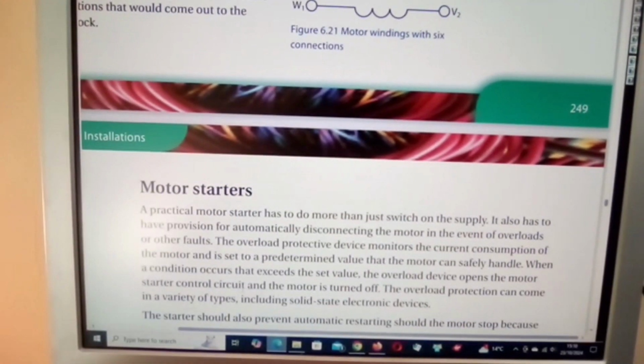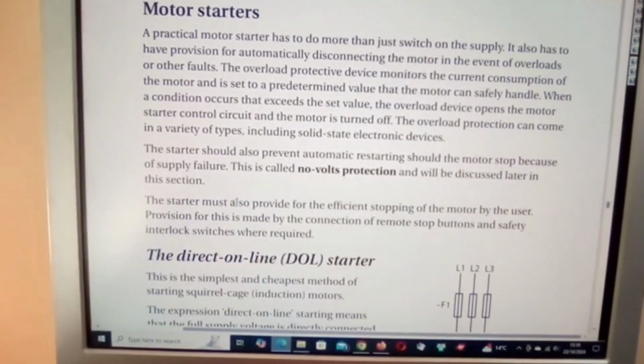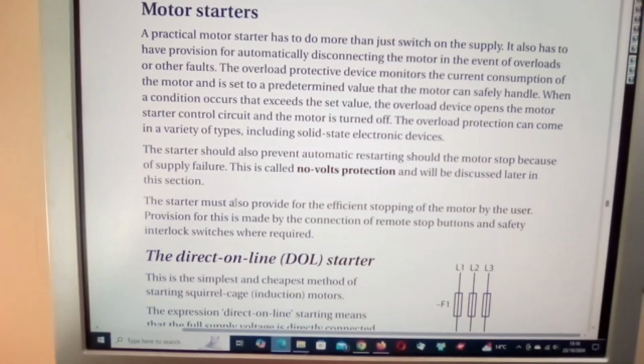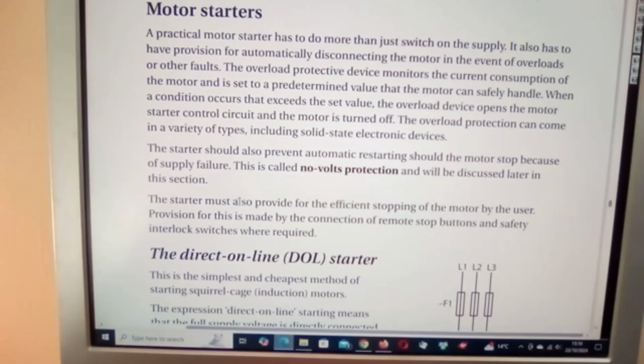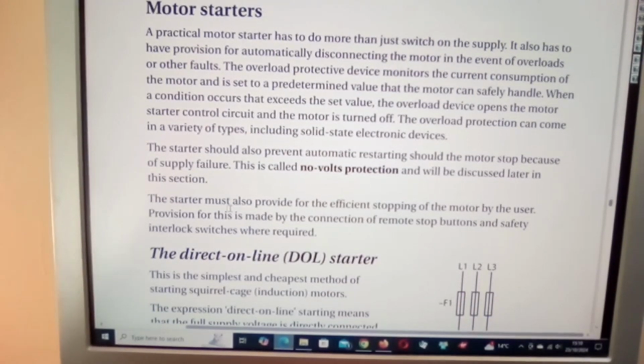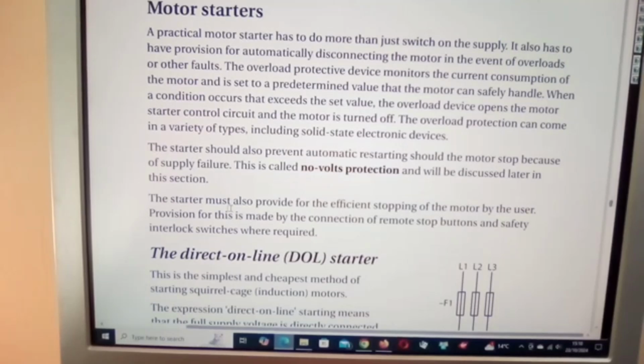Motor starters. A practical motor starter has to do more than just switch on the supply. It also has to have provision for automatically disconnecting the motor in the event of overloads or other faults.